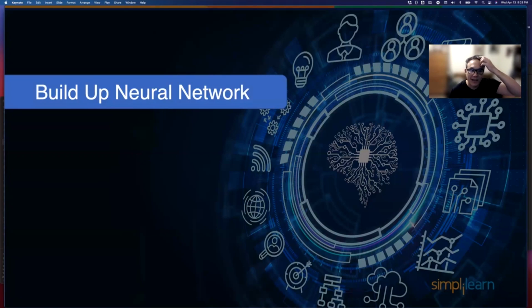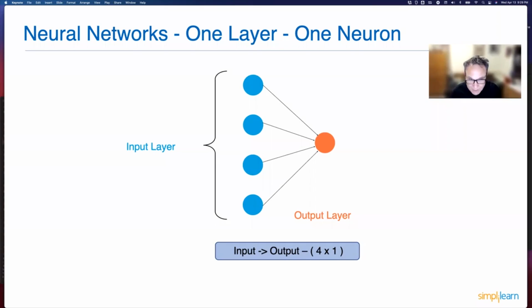All right, so now we're going to build up our neural network. We went through the basis of where the neural network came from, to what the mathematical part of it is. Now we're going to start stitching together all those pieces we just built. We're going to start with the basic neuron that we started with, one neuron.